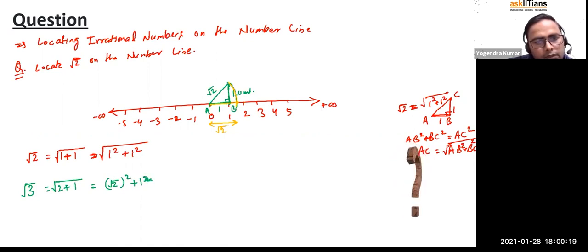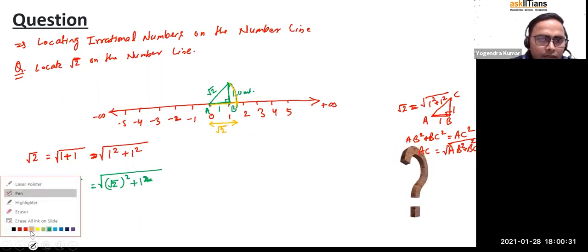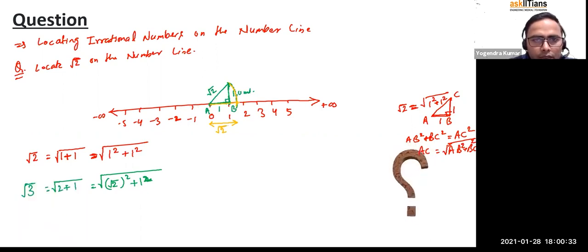So now I'll take the help of this root 2 here, and I can extend further from this. Or another way is, you have root 2 here, first make root 2, then 1 unit above here, because to root 2 we want to add 1 unit more, right? 1 unit here, and then you can get root 3. I think it makes sense. Or you can make 1 unit here also.